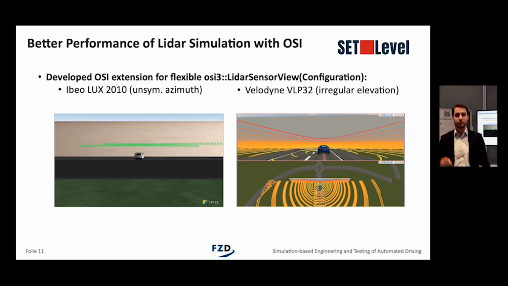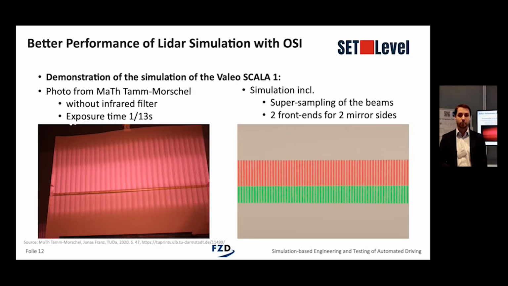In case of the IBEO Lux, for example, the different layers have different azimuth fields of view. So we can implement this now, as you can see in the left picture. Or, for example, the Velodyne VLP-32 has layers that are not equidistant in elevation, so it's irregular. And now with our improvements, we can also do that.